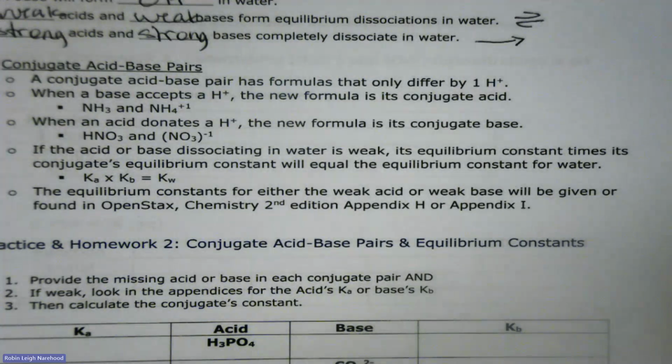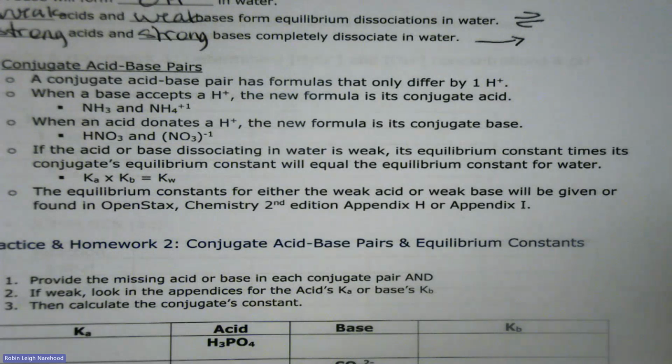Okay, so when we're writing formulas as an acid or a base, and then we write it losing a hydrogen or gaining a hydrogen, what we have done is created something that is referred to as a conjugate acid-base pair. And so when we just put a hydrogen onto carbonate, it's a base.